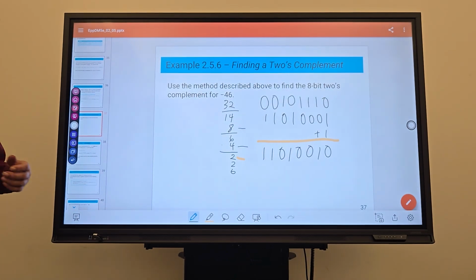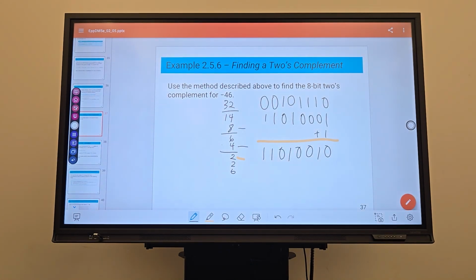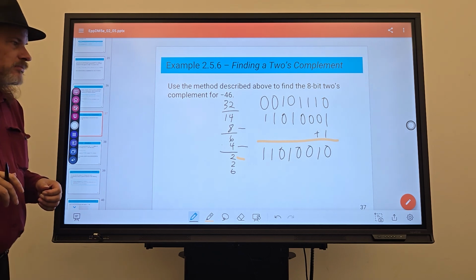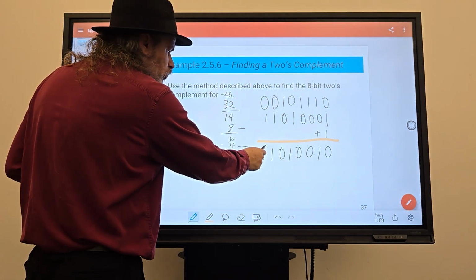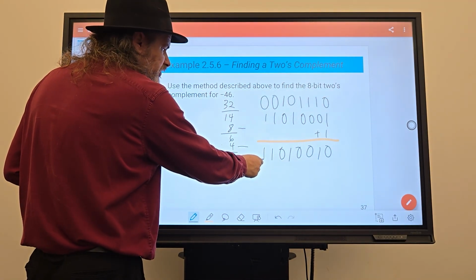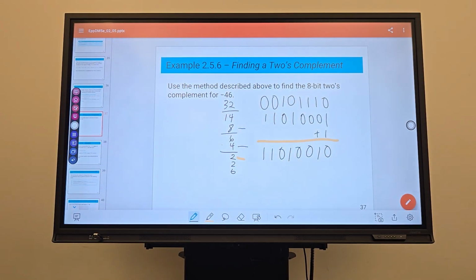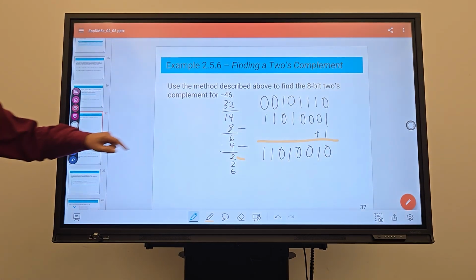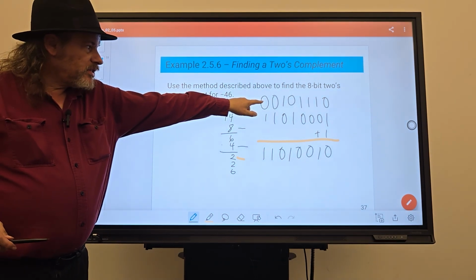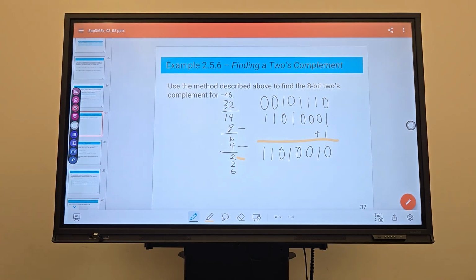So that's the 2's complement representation of negative 46. Notice the 1 in the most significant bit position indicates that it's a negative number. A 0 in the most significant bit position indicates that it is not negative. It's either 0 or a positive number.